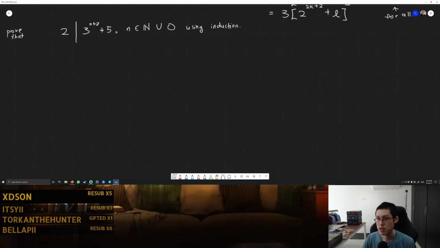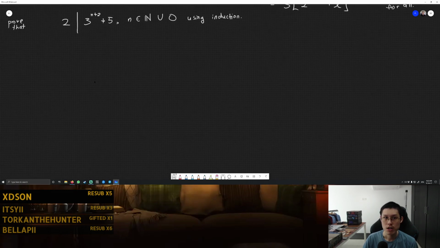Okay, so this is just mathematical jargon for this function is divisible by this. And the way you pronounce this, I suppose, is you say 2 mod and then the function. Okay, so basically this just means show that, prove that this is divisible by this, and you have to use induction. Okay, so how do we go about doing this?